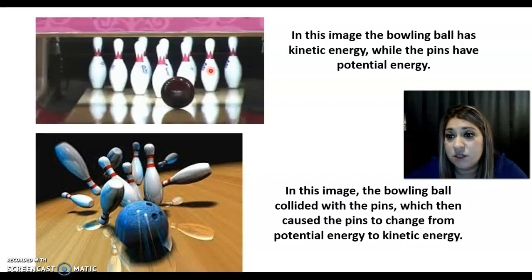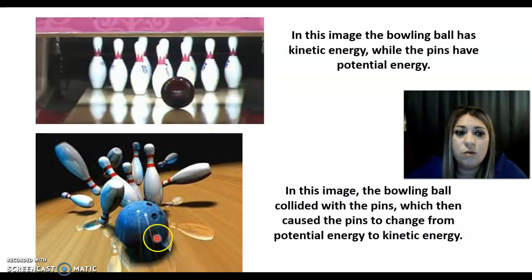They have the potential to move. They have the energy in them, but at this moment they're not moving. But once this ball collides with the pins, that energy will be transformed from potential to kinetic. They might not move far, but we do know that they will possess some motion, because they would not move if they didn't have energy.